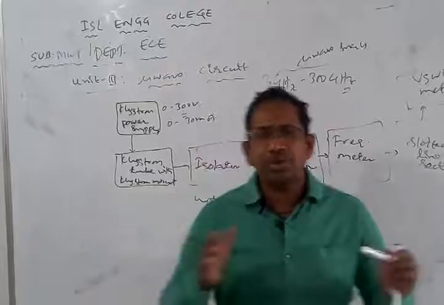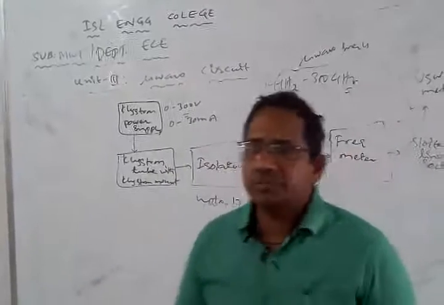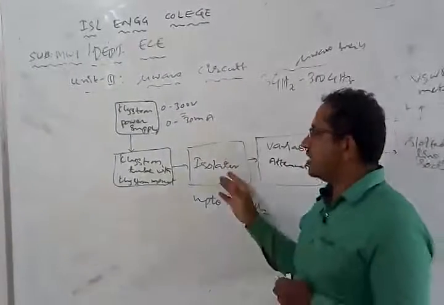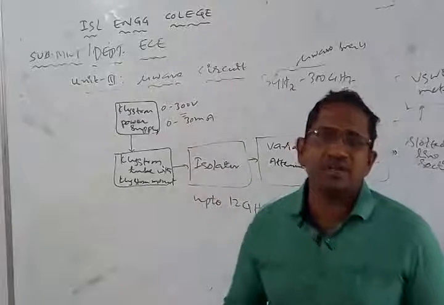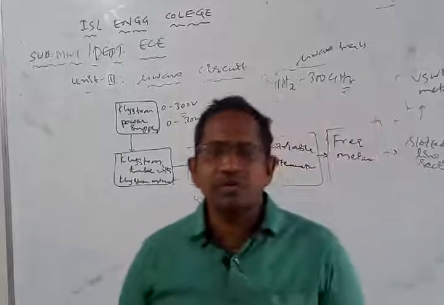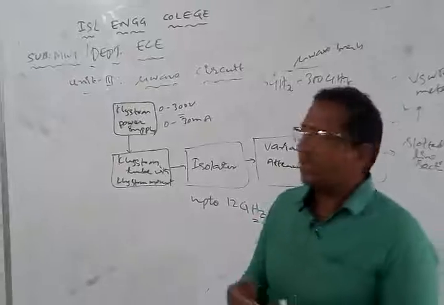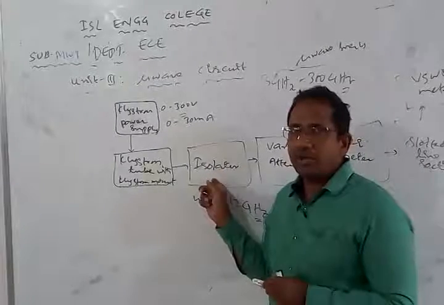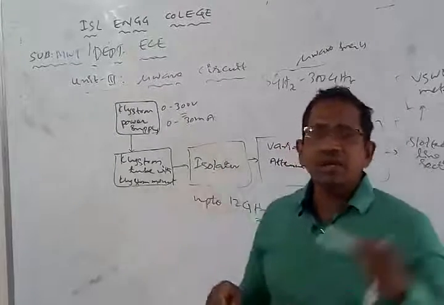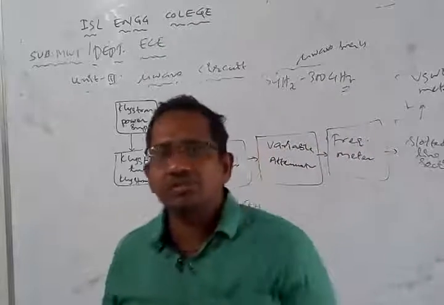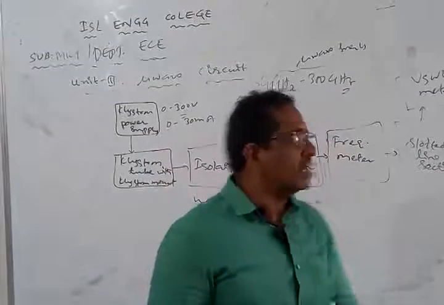Conceptually, input and output are going to get separated. We have experienced this isolation kind of job by using a transformer in the rectifier. Why do we have to use a transformer in the rectifier? We use it to isolate the input from the actual circuit.